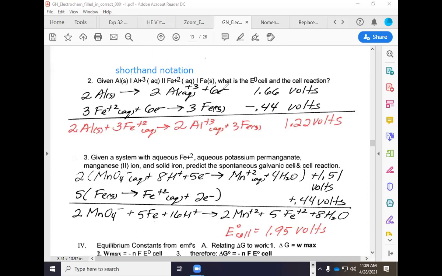So you get this from the table by reversing it. It's telling you the iron +2 is going to iron solid. And you're using this as is from the table.